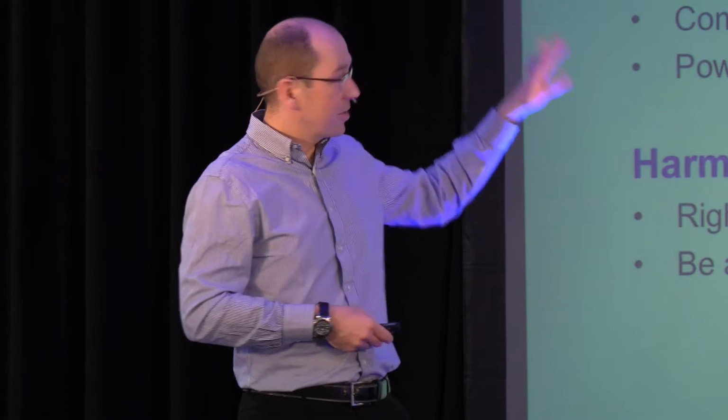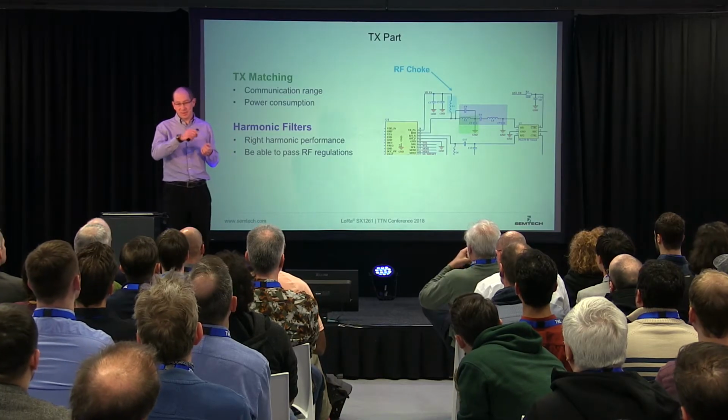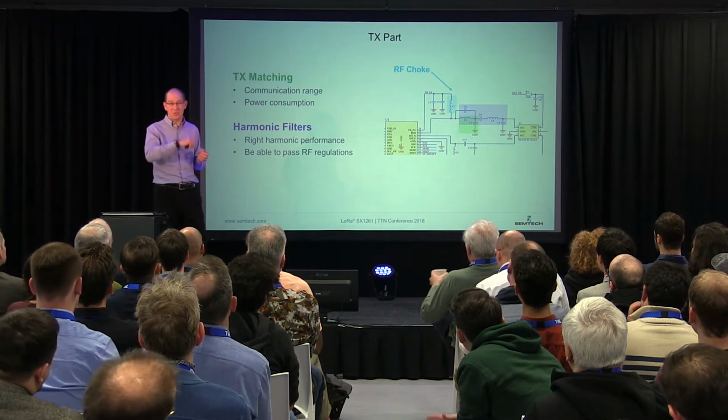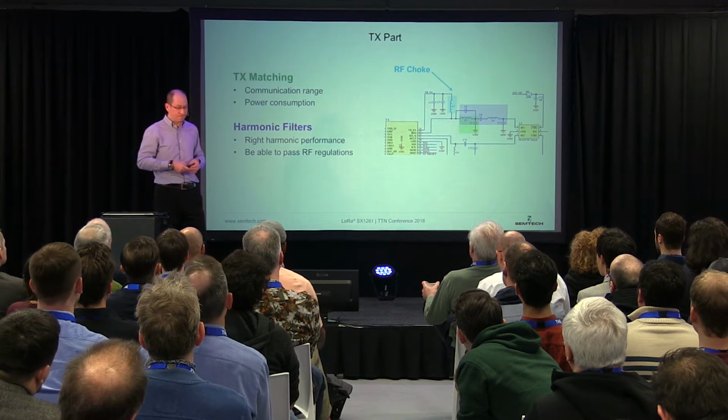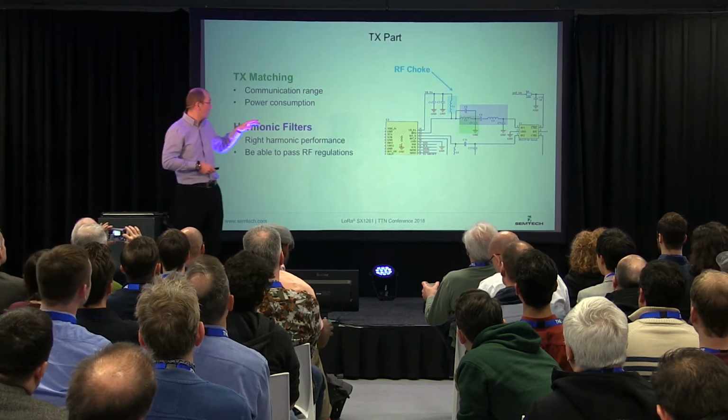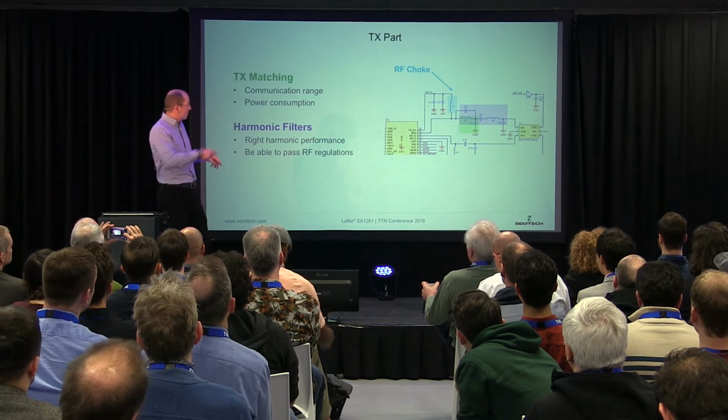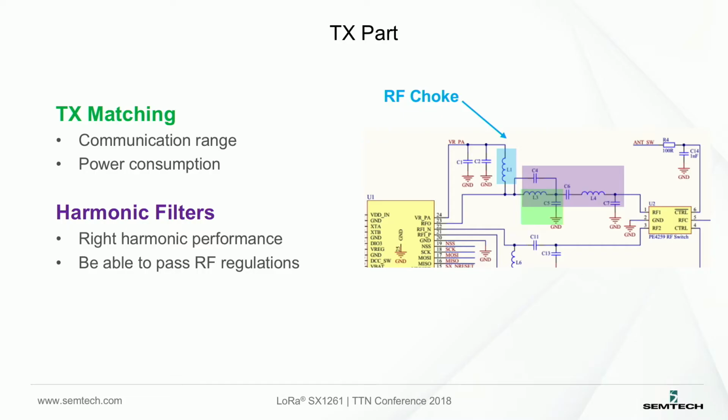I will focus first on the TX part, because I think it's most important. You want to be sure that your message will be received by the gateway. And actually, there are two main parts. In blue, we have the RF coil to supply the integrated PA.